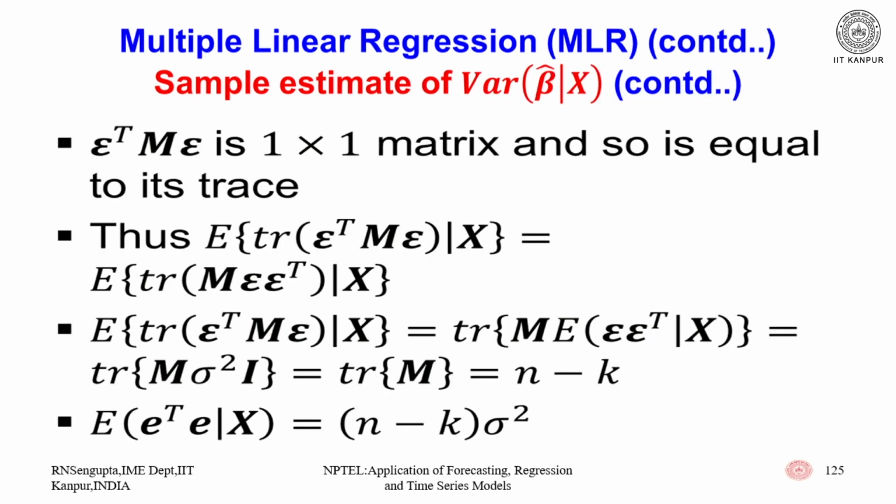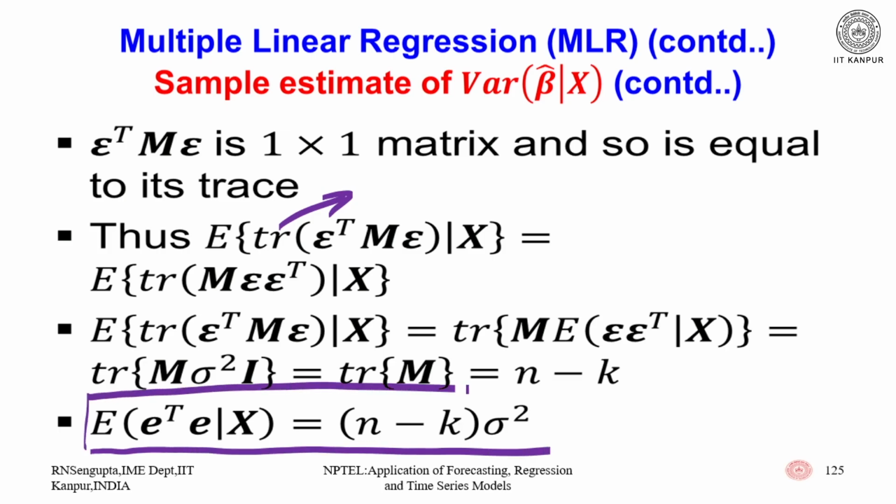Both are small. So, when we prove it, again as I said, I am not going to go into the details of the proof. These are just given for your interest, if somebody is interested to go into depth. So, e transpose e is a 1 by 1 matrix depending on the dimension, and thus if we use tr, which is basically the trace, the actual value of the expected value of e square would be this, and this is important.